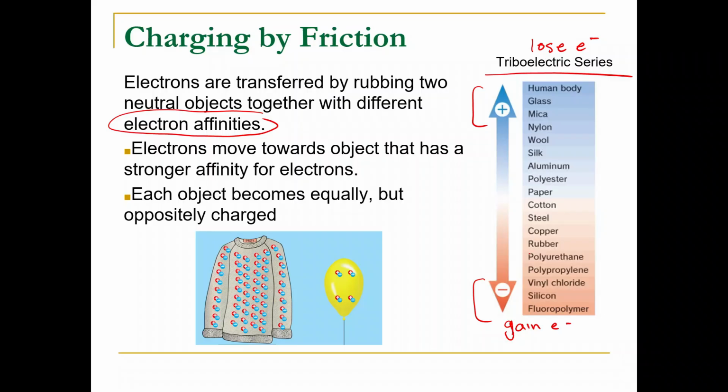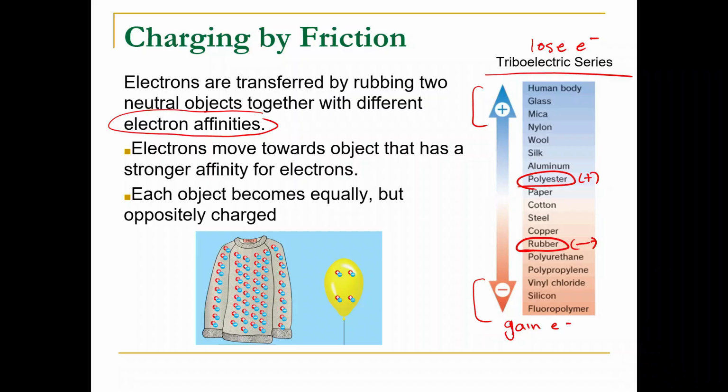So if I take rubber and I rub it against polyester, a lot of your clothes might be made of polyester, then the rubber is going to tend to become negatively charged, and the polyester is going to tend to become positively charged.